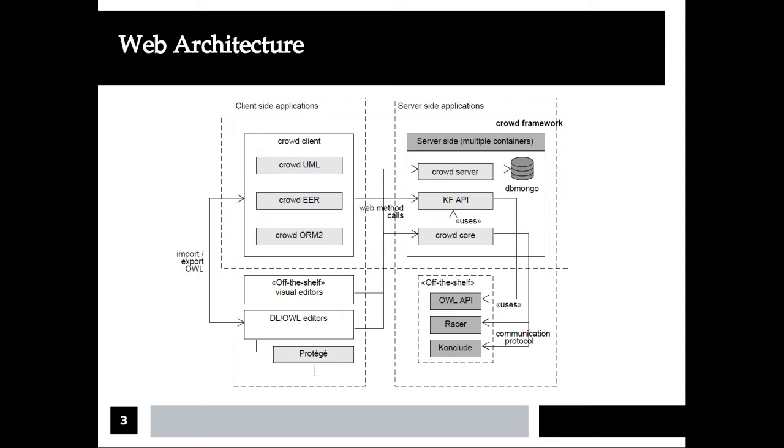The server is composed of three main applications: a Node.js application named Crowd Server for connecting to the MongoDB database, a Java application named KF API, which implements the KF interoperability rules and also connects with the OWL API for all importing tasks, and a PHP application named CrowdCore, in charge of orchestrating the interaction with the DL reasoners, processing the reasoning outputs for updating the KF models, and finally writing all output from such KF instances.